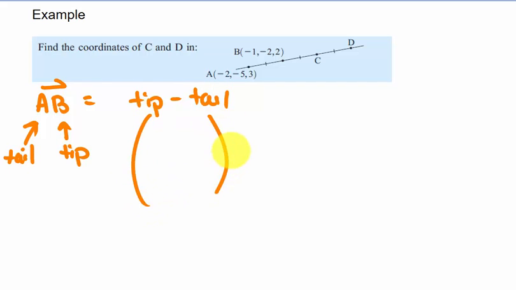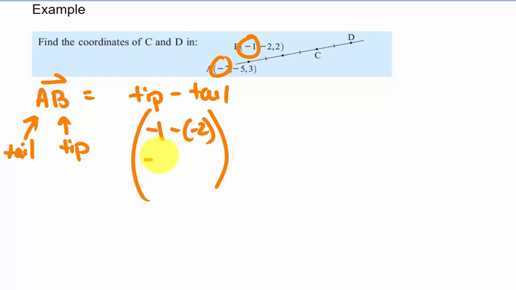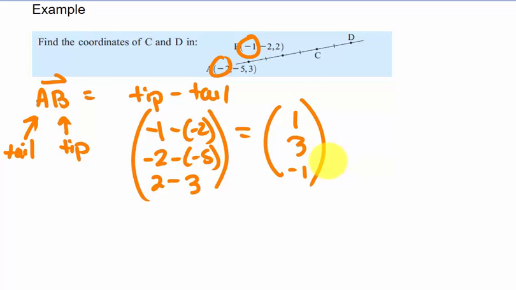So for my vector, I will get -1 minus -2, -2 minus -5, and 2 minus 3. When I simplify that, I get 1, 3, and -1.